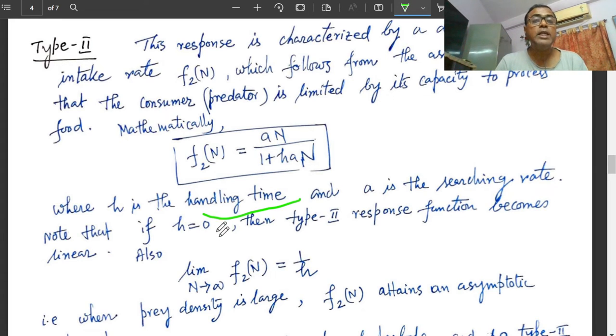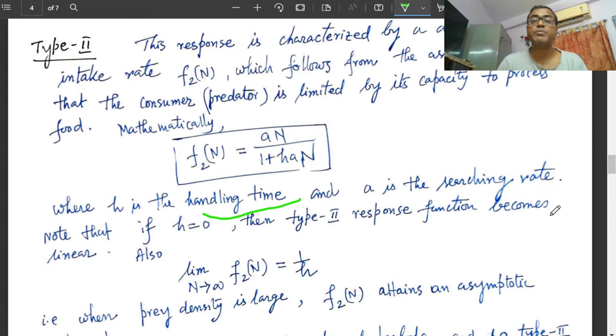Note that if you put h equal to 0, so if handling time is 0, then f2(n) equals n. So then it is a linear type functional response, equal to the type 1 response.